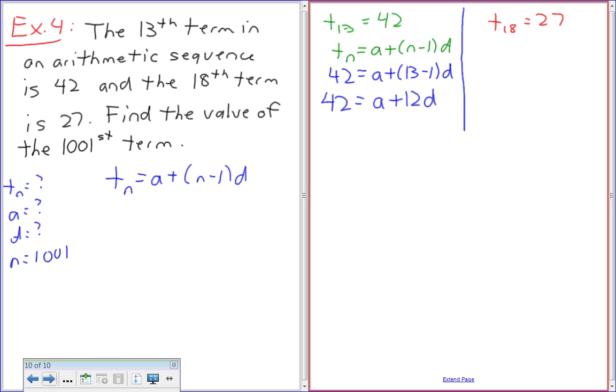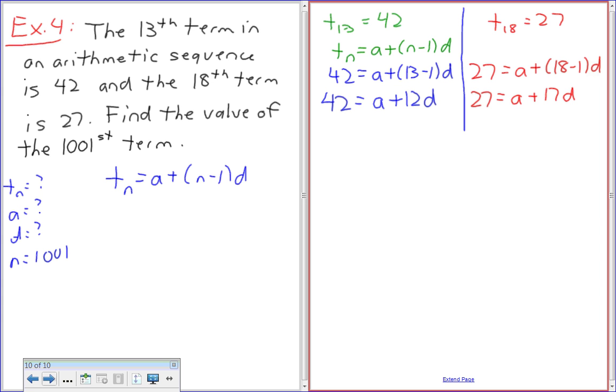Can somebody set this up as an equation for T18 equals 27? Someone be brave, please. So I'm going to say 27 equals A plus 18 minus 1 d. So we have 27 equals A plus 17d. Does anyone have any question over where those two little mini equations came from?